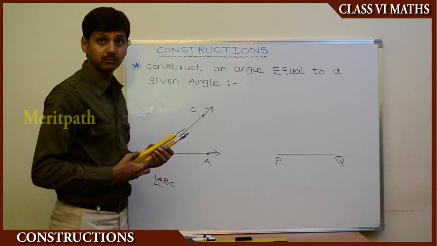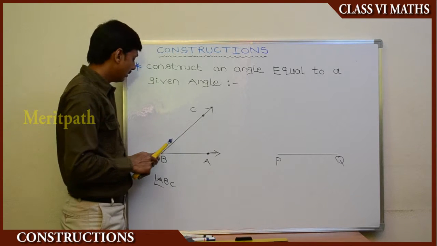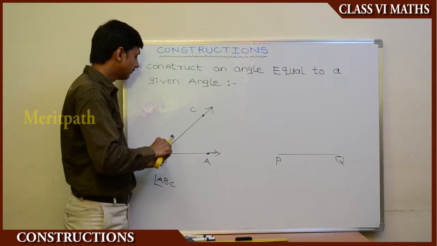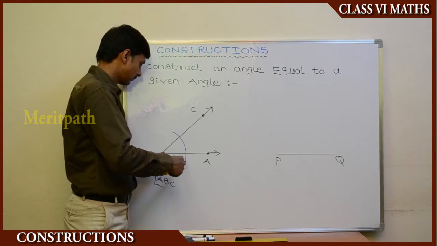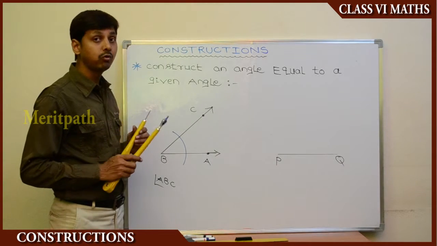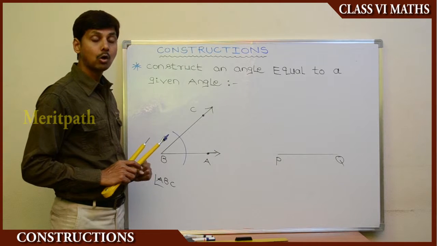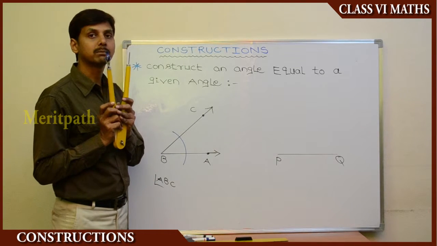So let's make an arc on this line segment AB with the vertex B. Let's see again what we have constructed before, the angle ABC. On angle ABC, we have taken some convenient radius on the compass.